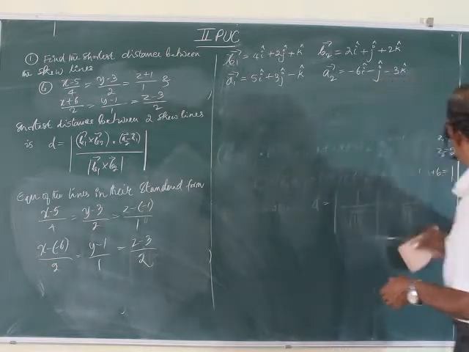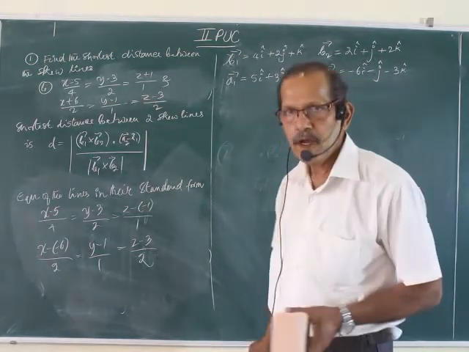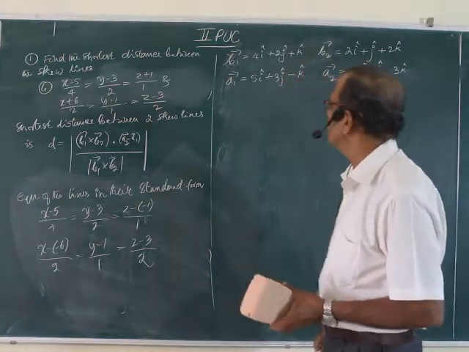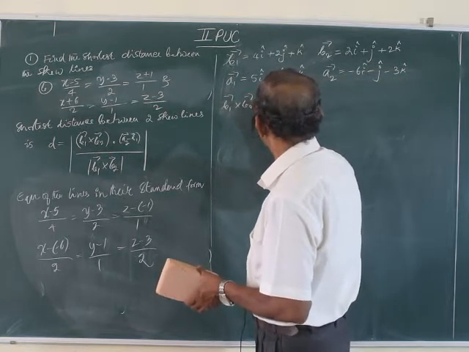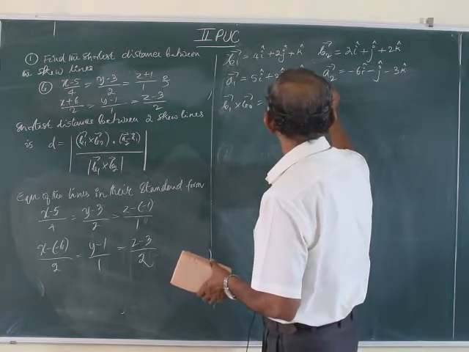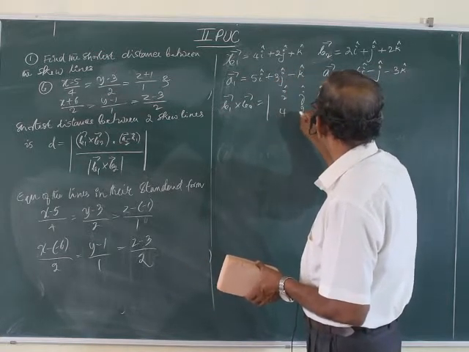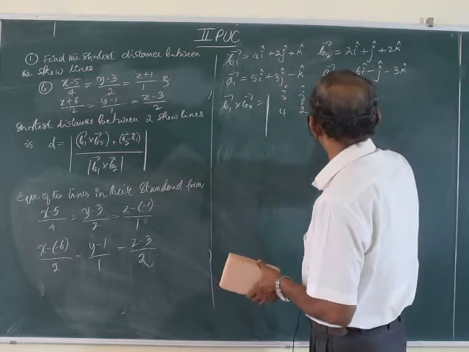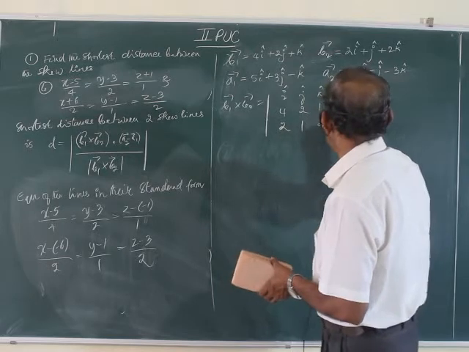Now write one by one. B1 cross B2 is the determinant with i, j, k; B1 is 4, 2, 1; B2 is 2, 1, 2.